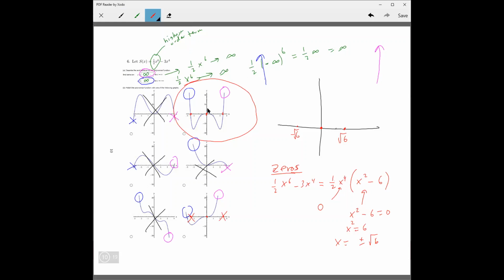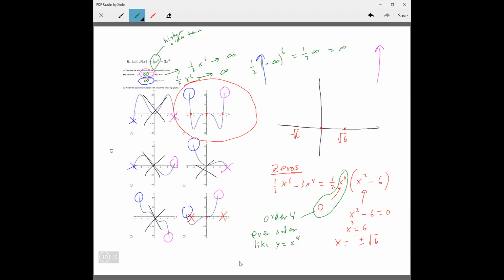Now one thing that I want to point out right here is that this zero here is order 4, because that's to the 4th power. When it's an even order, it's going to be like what happens when you have y equals x to the 4th.